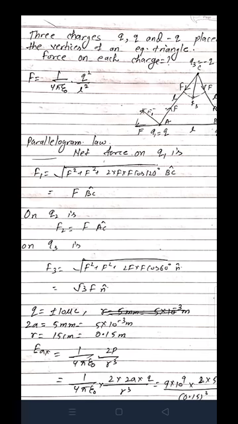Now coming to the force on the charge C. As you can see, the angle between the two forces on C is 60 degree, because this is the angle of an equilateral triangle. In the earlier two cases, the angle between the two forces was 120.